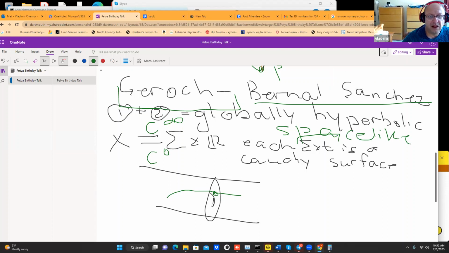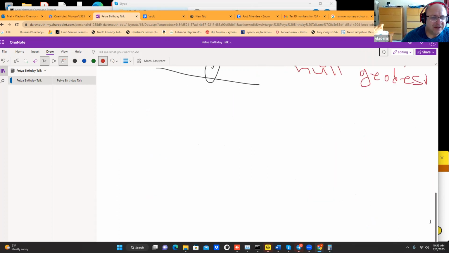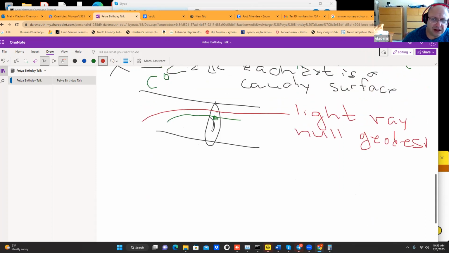Okay, so now assume that I have a light ray. So a light ray is a geodesic, future directed. Since this is a Cauchy surface, the light ray has to intersect the Cauchy surface at some point, right?